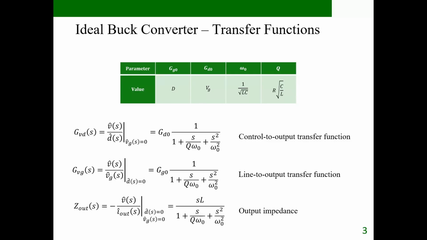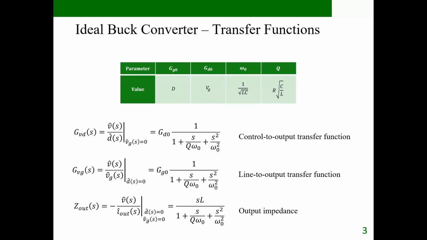At the end, here is also the output impedance, or Zout of S. This transfer function shows how the output voltage reacts to changes in load current. It is directly tied to load transient performance and output capacitance selection. Although the numerators are different, all three transfer functions have exactly the same LC denominator. This is because they all originate from the same averaged state space model of the buck converter.